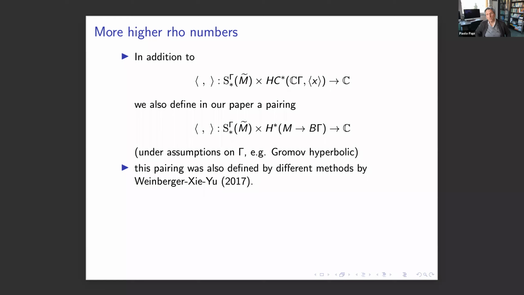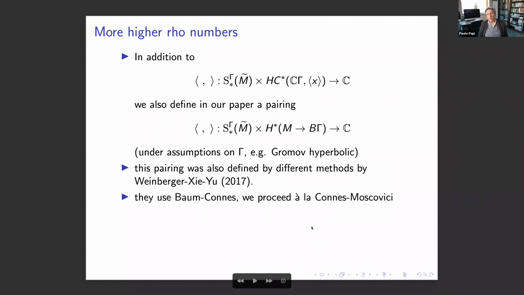Okay, so they do it using the Baum-Connes isomorphism. We do it proceeding in a similar way to Connes and Moscovici, very similar to Connes and Moscovici. Only that they do it for smoothing operators, we do it for zeroth order pseudodifferential operators, but it's very similar.